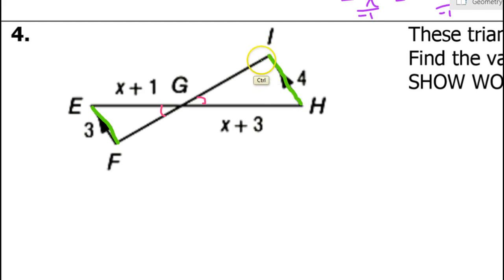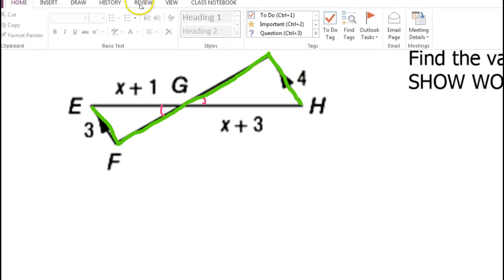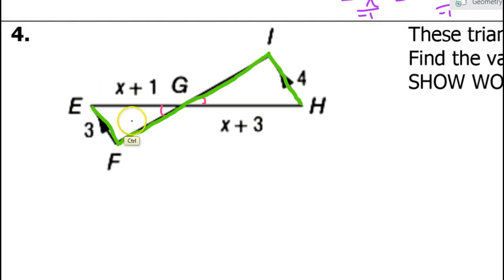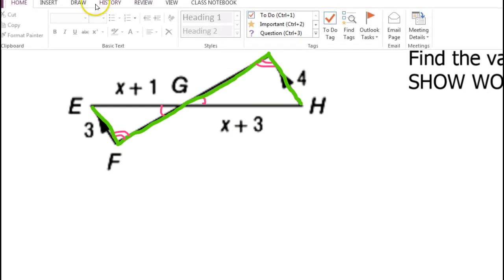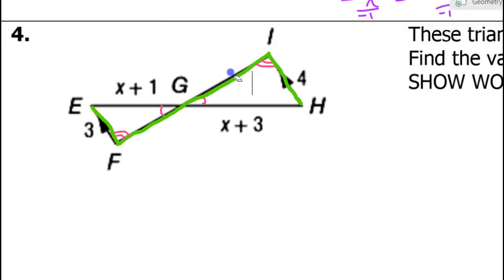So if I draw the Z by doing this, I can see the alternate interior angles. So this angle is going to be congruent to this angle. All right, alternate interior angles are congruent when the lines are parallel.